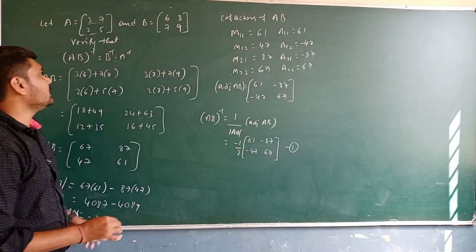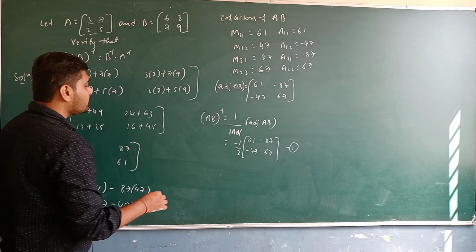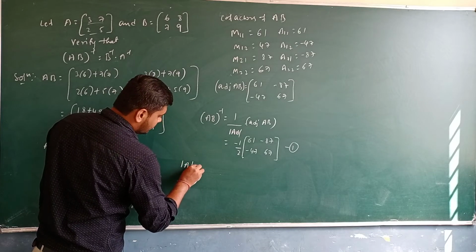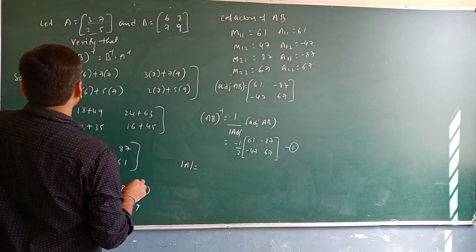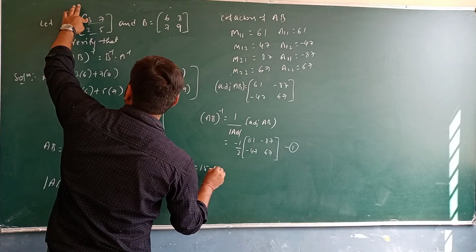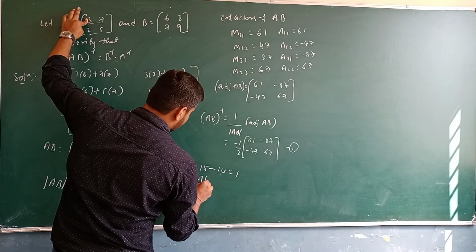Again we need to find the B inverse as well as the A inverse individually. So to find A inverse, let determinant of A. So we are going to get 15 minus 14, that's going to be 1. So determinant of A is equal to 1.